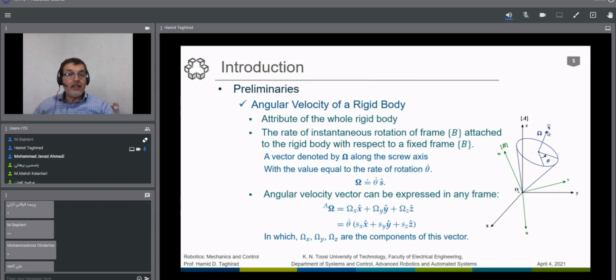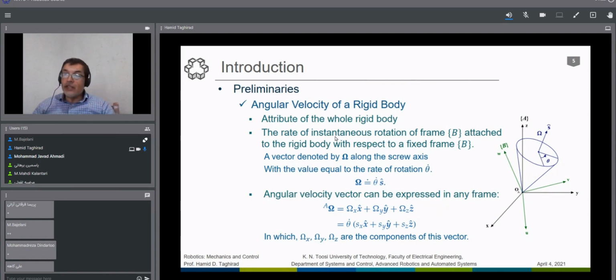We define angular velocity as the rate of instantaneous rotation of the frame B attached to the rigid body with respect to a fixed frame A. In this term, we'll see that this instantaneous is very important, since during the rotation the vector is also changing.